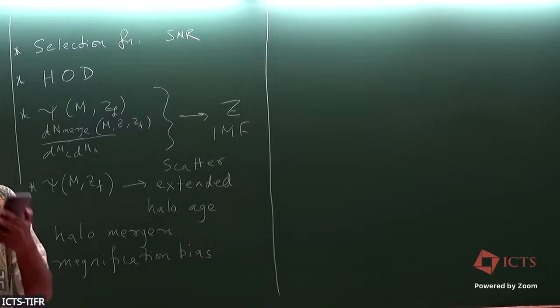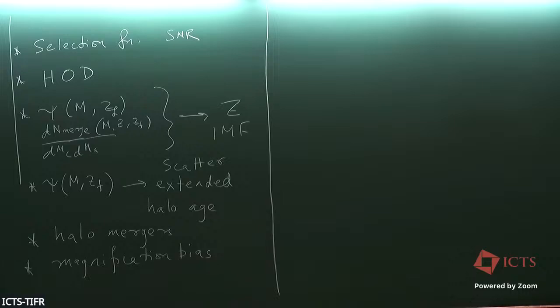Depending on how massive the sources are, this deflection will be high. But even if the deflections are not high, they can statistically build up because of all the matter present between that galaxy and us.